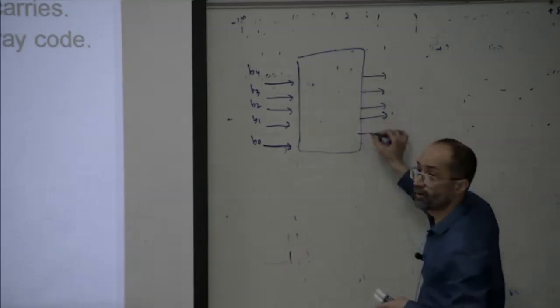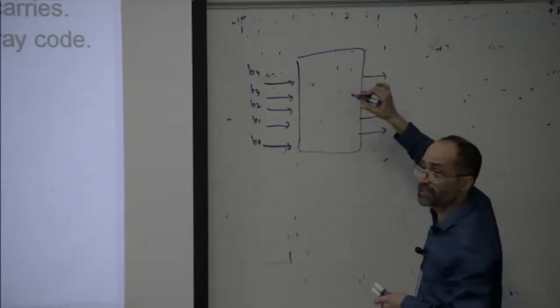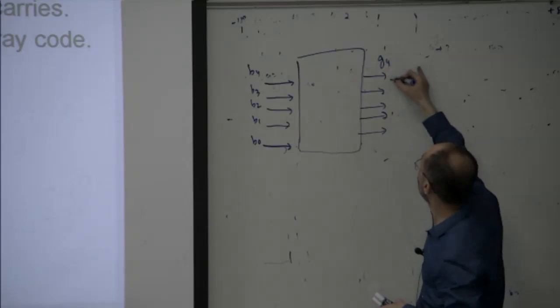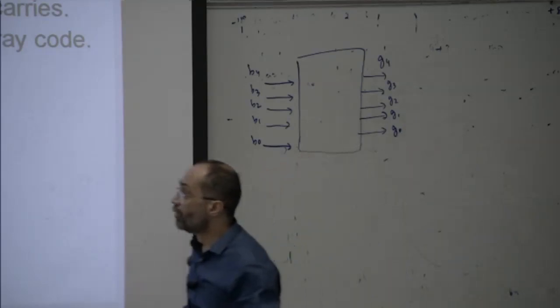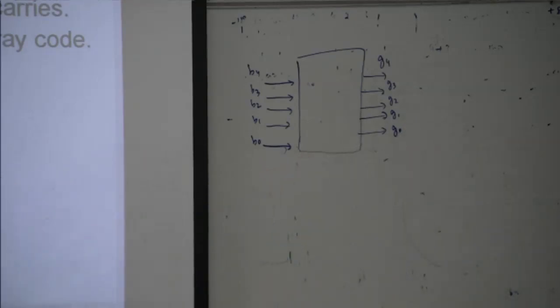The output is a Gray code. So B stands for binary, and G stands for Gray: G4, G3, G2, G1, and G0. Okay, how can we get the Gray code?